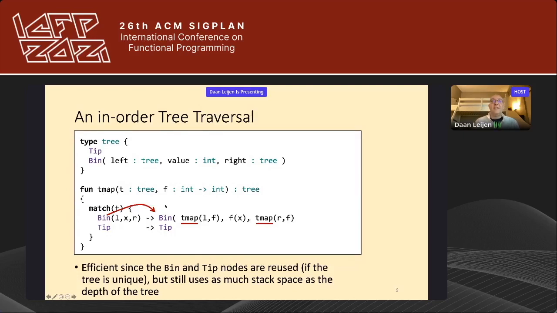And there's a cool algorithm we can do here that relies on FBIP and tail recursion modulo cons: can we do the whole thing without using extra stack space or heap space? This traversal is already using no extra heap space if the tree is unique, because the bin nodes and the tip nodes will be reused. But we still use more stack space than we might like, right?